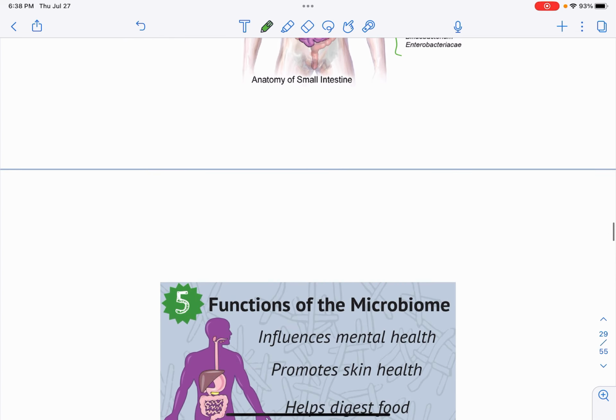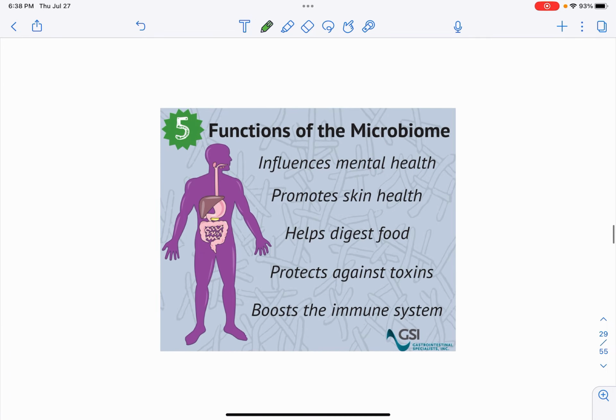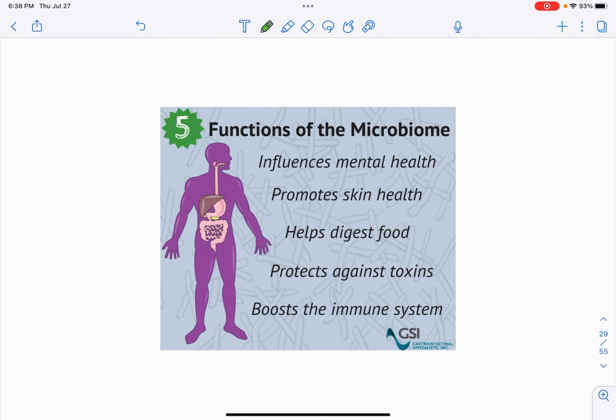There has been a tremendous amount of research in the past 5 or 10 years studying the microbiome. And what this research has told us is that the microbiome has a major impact on our health. The types of bacteria that we have living in our gut can determine the types of diseases we have, our mental health, our skin health.